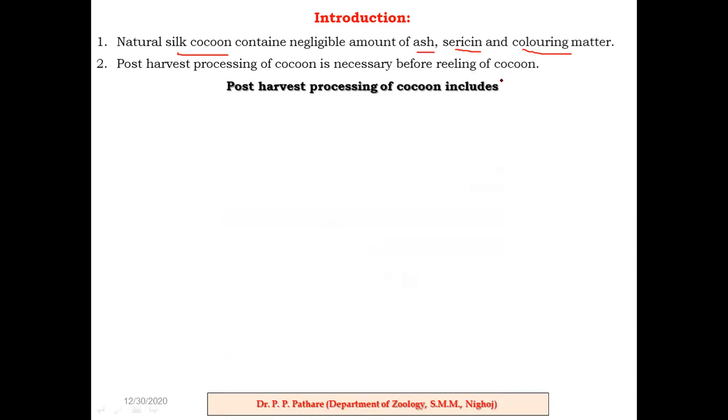Next important point: the post harvesting process of cocoon includes stifling, sorting, storage, defoliation, and reeling. Stifling is a process of killing the pupa inside the cocoon.